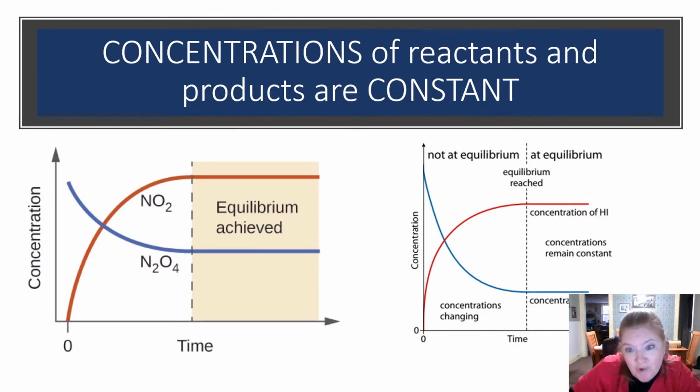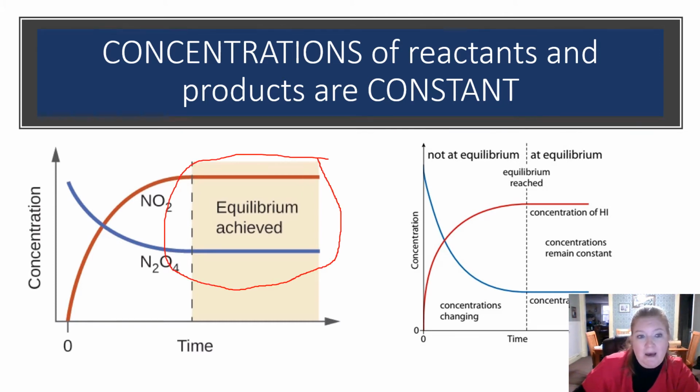Now, concentrations are not equal, they are constant. Concentration, constant. What does that mean? I don't need to have an equal number of reactants and an equal number of products. But do you see what I have here? I have a constant amount of reactant and a constant amount of product.